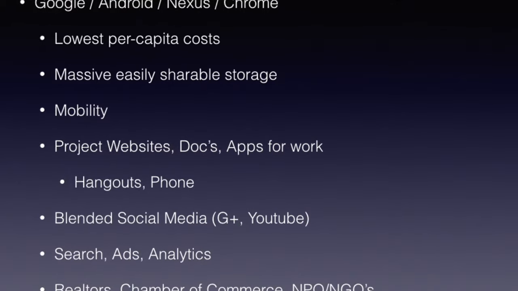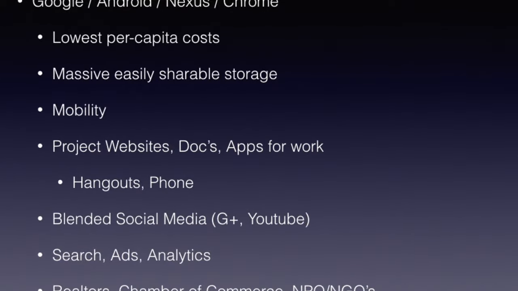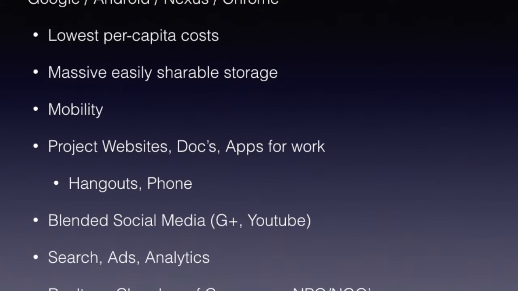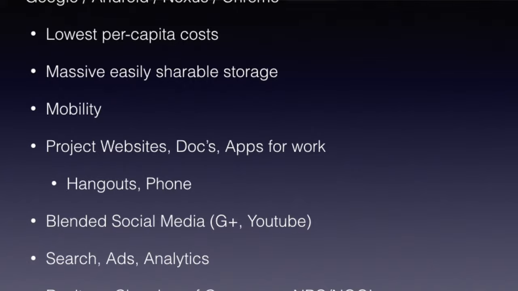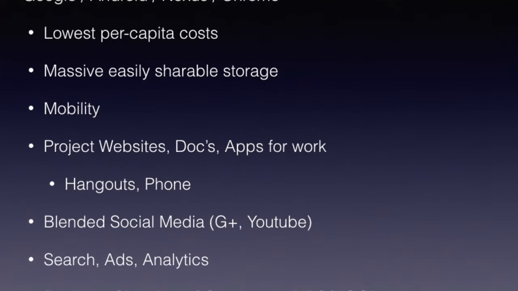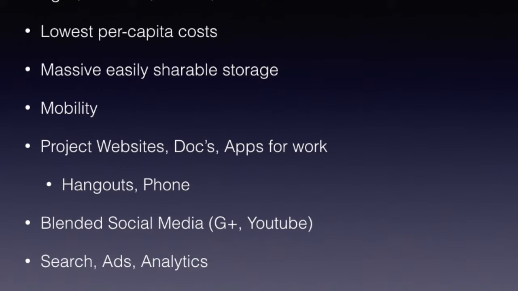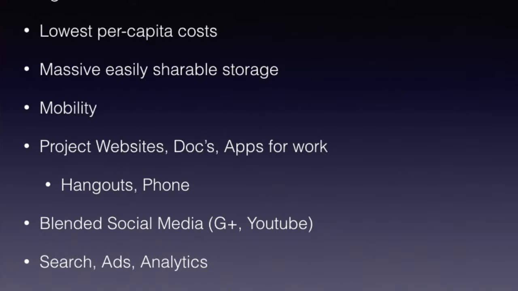Massively, easily shareable storage, and a few other items here on the list. Project websites in particular are very easy and inexpensive to do with Google Sites. But you also have Hangouts and the ability to get a phone number, which we talked about last time, for free as an inbound number. All of these things are blended into a single identity at Google, and you can use them across your hardware.